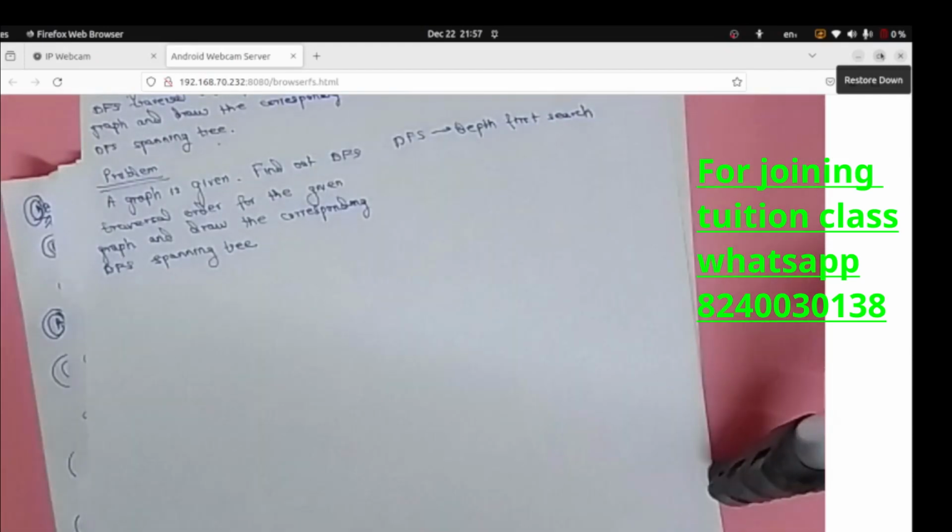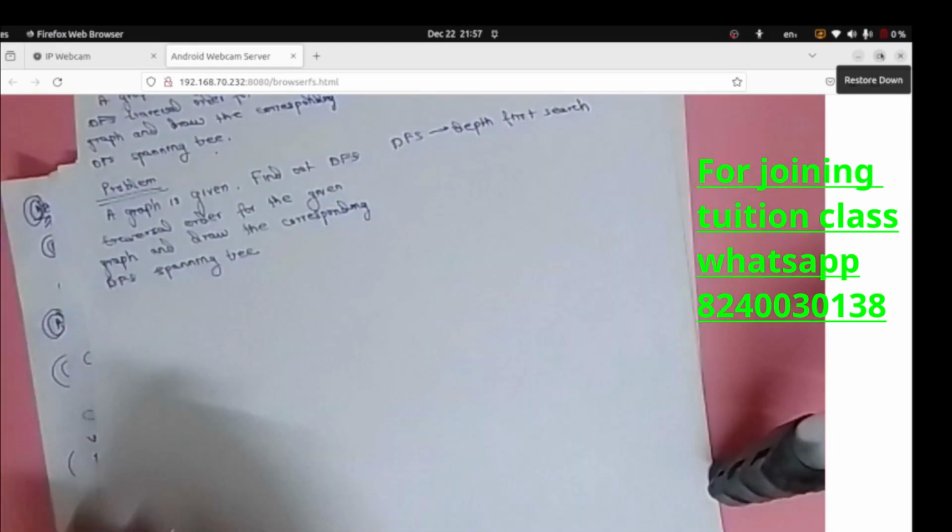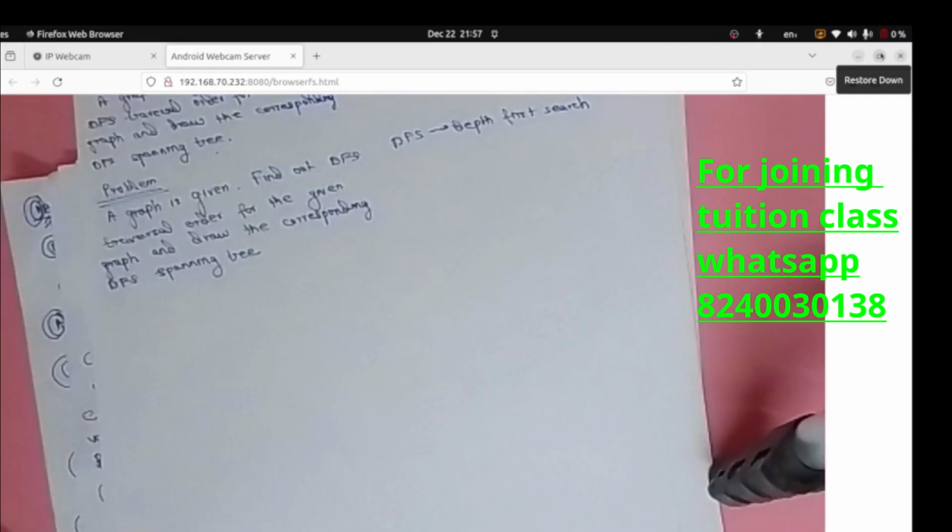I have to write the sequence of vertices, which will be the depth first traversing order, and draw the corresponding depth first search spanning tree. To illustrate this, we are taking a particular example.